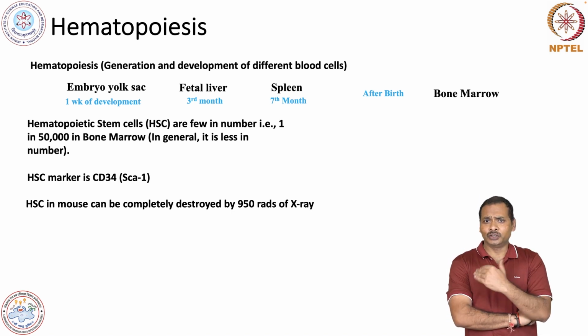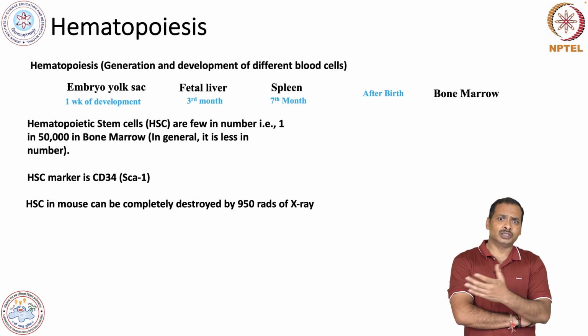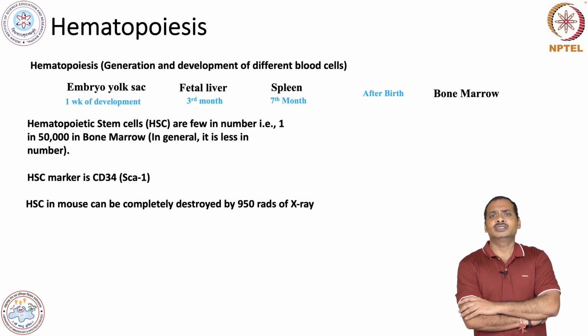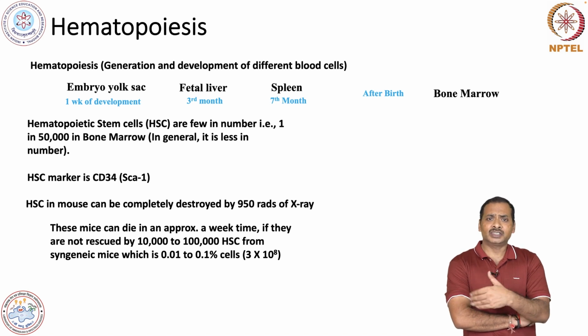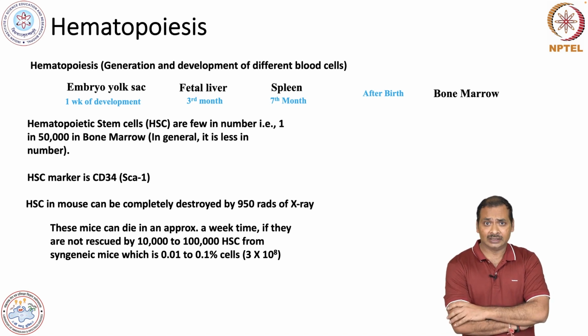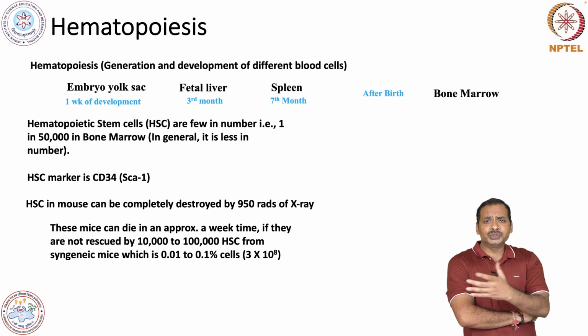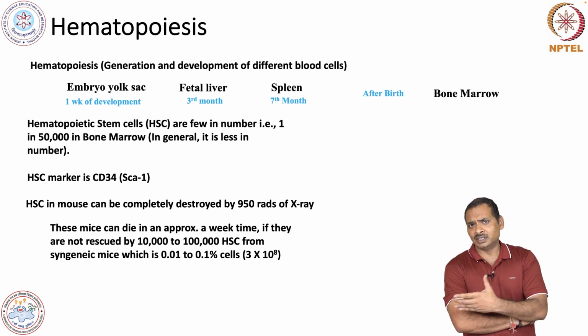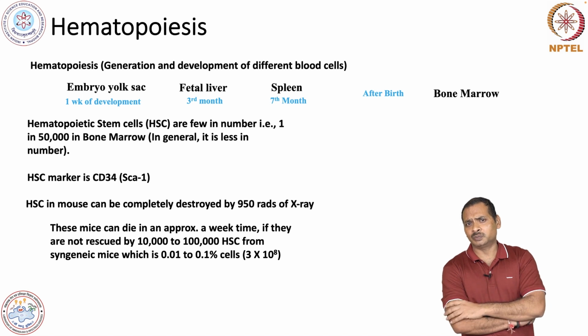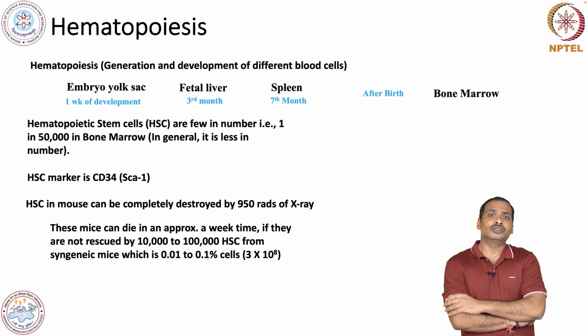And if you irradiate these mice, then they are highly vulnerable to infection, and subsequently they will die. Okay. So, we use this strategy for doing various kinds of experiments in order to prove some of our discoveries or phenomena.